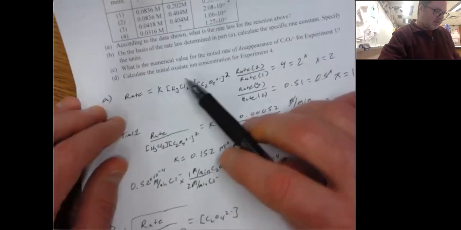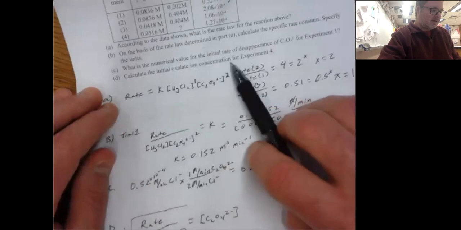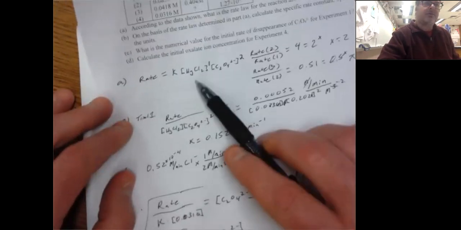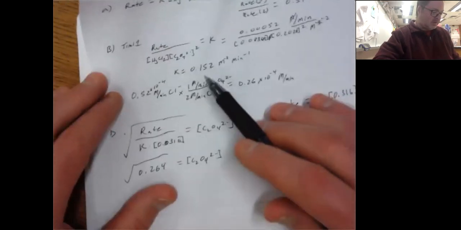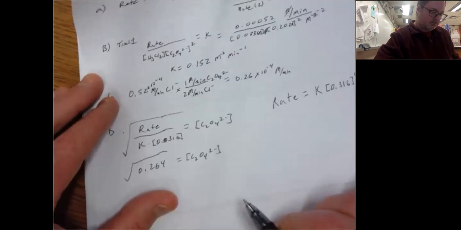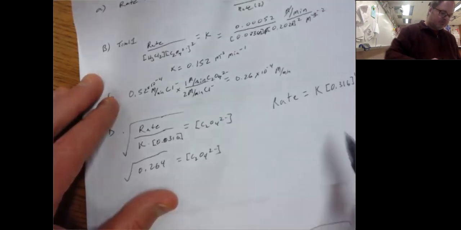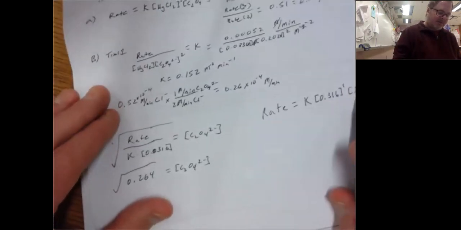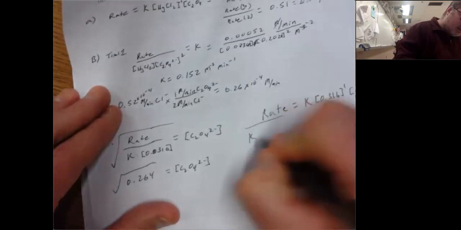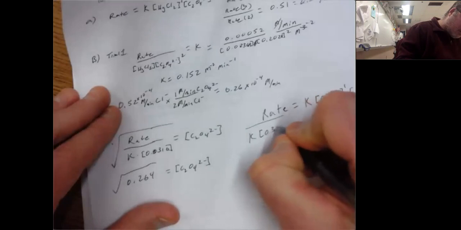D, calculate the initial oxalate ion concentration for experiment 4. So basically you rearrange this rate equation up here to solve for that oxalate. So if we take a look here, we have x squared. So we divide both sides by K and 0.316.